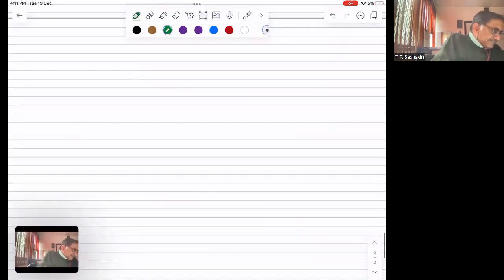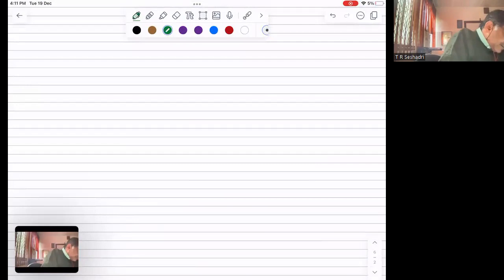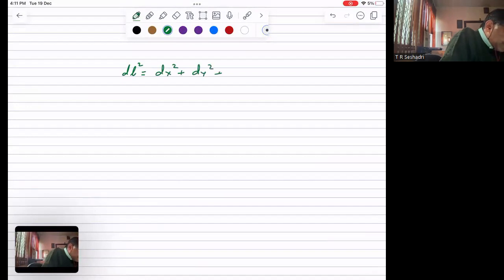In classical mechanics, in rotation, suppose I have dl square equal to dx square plus dy square. Suppose I have a 2D rotation. Now, this is invariant.